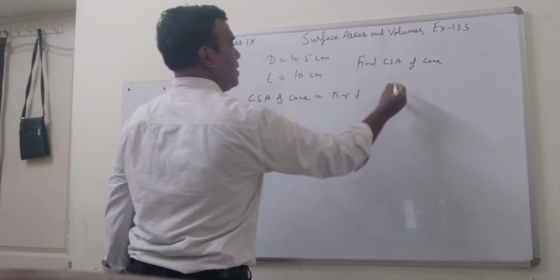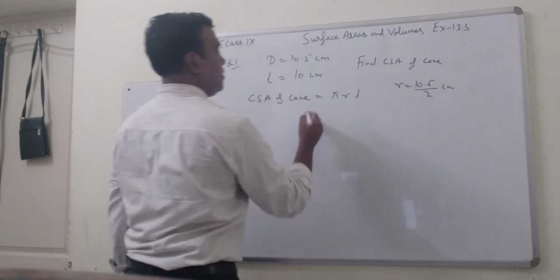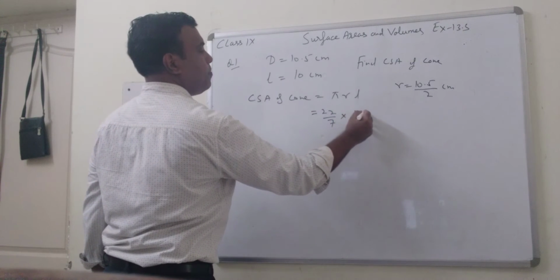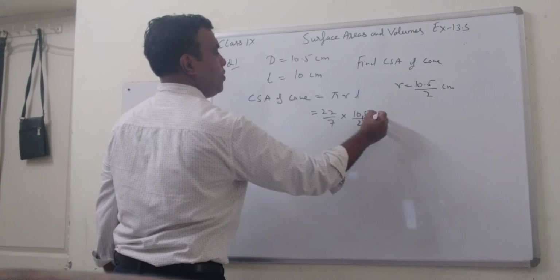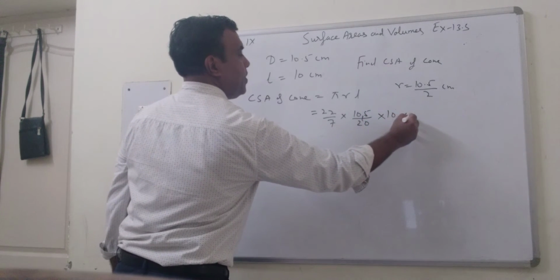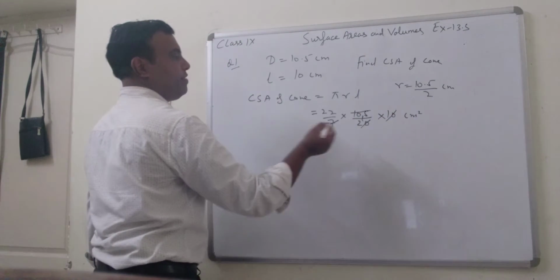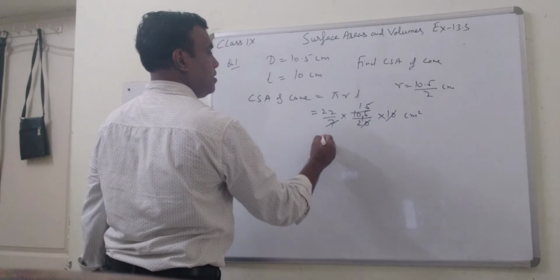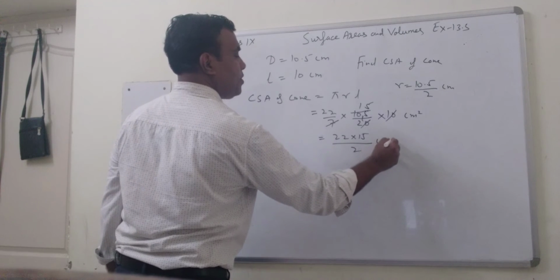Now what is r here? 10.5 upon 2 centimeter. Pi is 22 upon 7 into r, into 10 centimeter square. The decimal point goes, the 0s cancel. It becomes 22 into 15 upon 2 centimeter square.